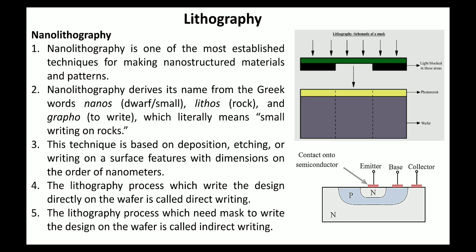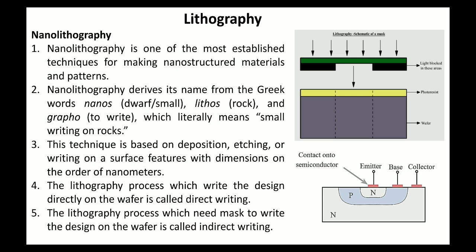So what is indirect writing? The lithography process which needs a mask to write the design on the wafer is called indirect writing. If you want to make a pattern, you will require a mask. With the help of the mask you are able to make the pattern at the nanoscale.